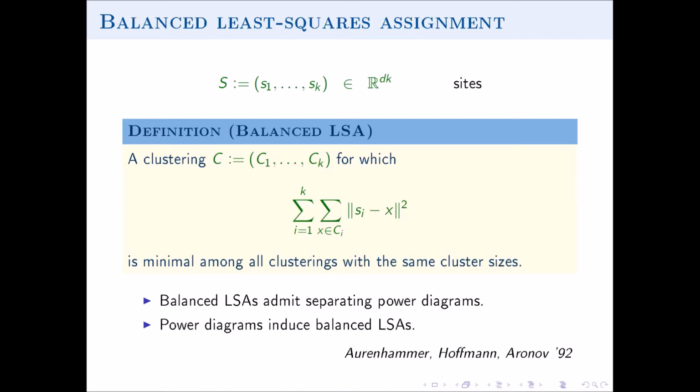And if you draw the power diagram first and then cluster the data based on the cells, that's going to be a balanced least squares assignment as well. And there are more details to this correspondence. The sites for the power diagrams and the least squares assignments will coincide as well. So this has been known for a long time, and that's very important for what I'm going to talk about.